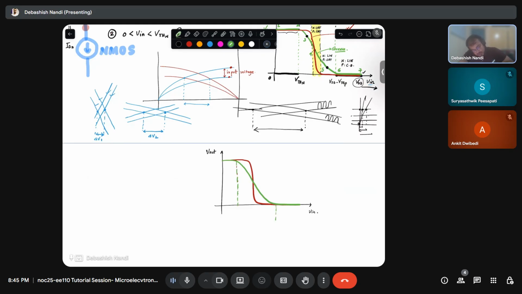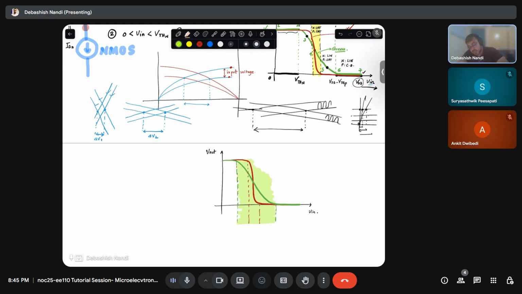This is the region where I get non-zero gain in case of the green one, right? But in case of the red one, what is the gain region? It will be very narrow.